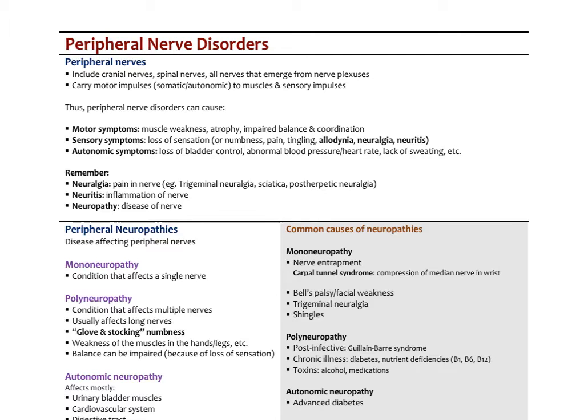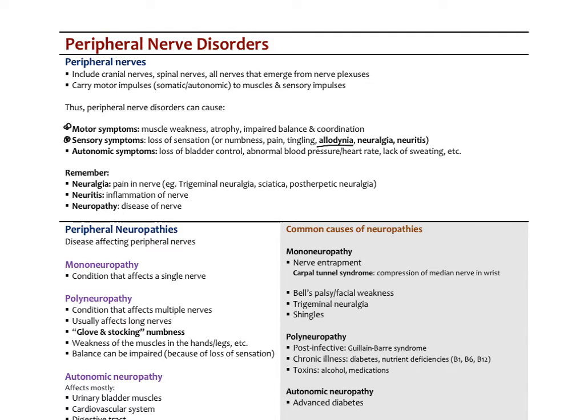So peripheral nerve disorders can cause motor symptoms, and typically that would be muscle weakness, maybe atrophy of muscles, impaired balance and coordination. They can have sensory symptoms, loss of sensation, so numbness, pain, tingling. Allodynia is sensation of pain to normally non-painful stimuli.